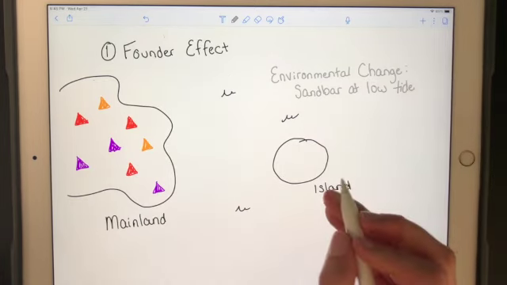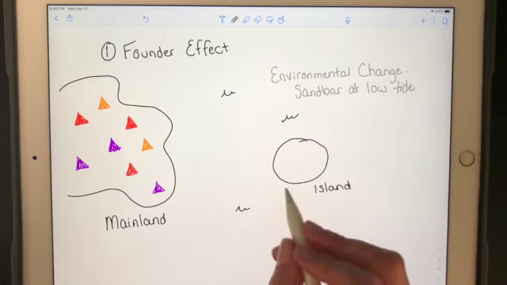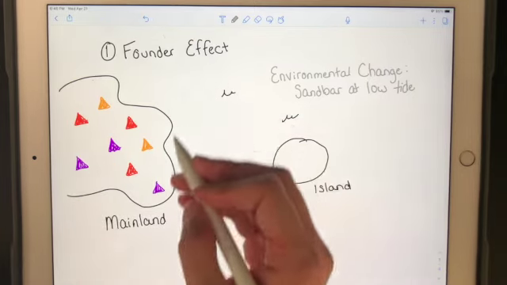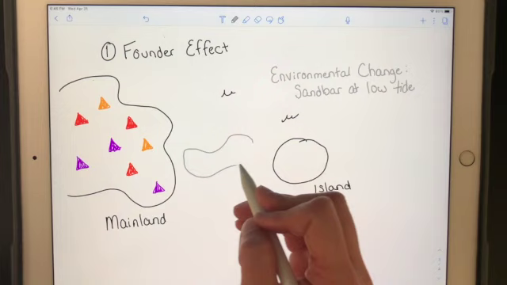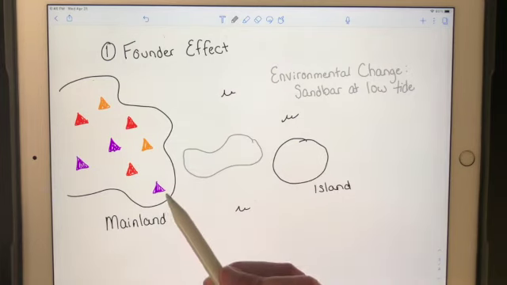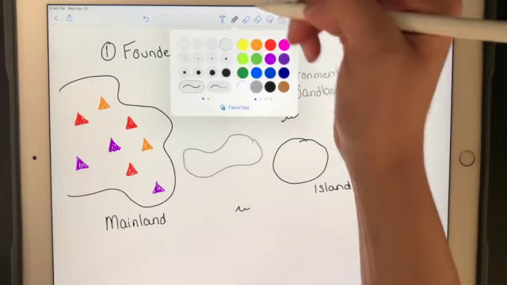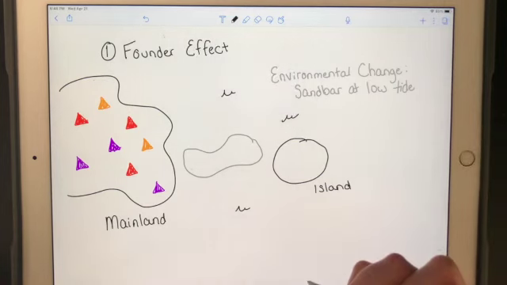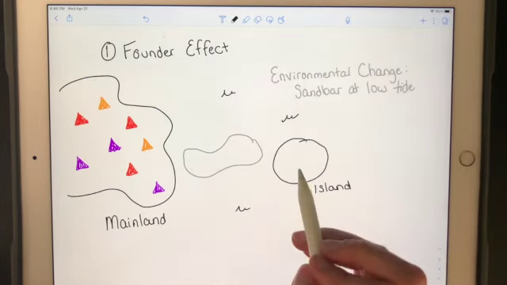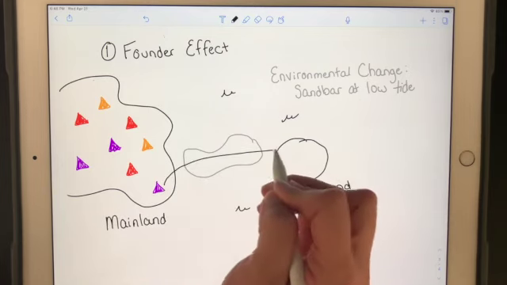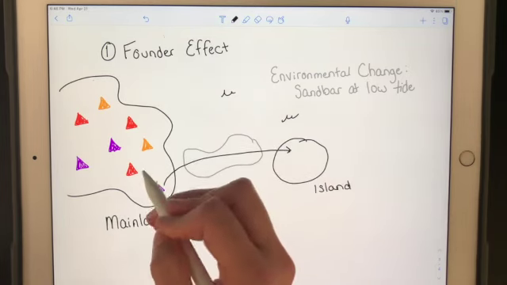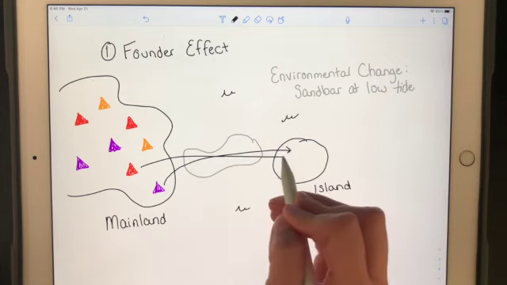So the tide goes out, and for whatever reason, because of the way the currents were, there's a sandbar now in the middle of the mainland and the island. This will allow some of our triangles to cross over to the island. So I'm going to say a purple one crosses over, and a red one will come over as well.